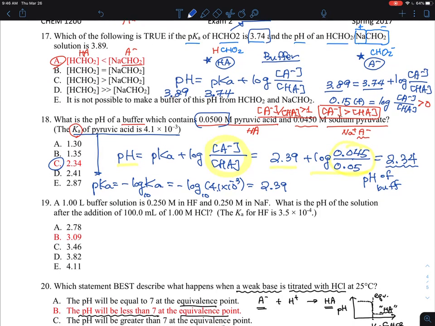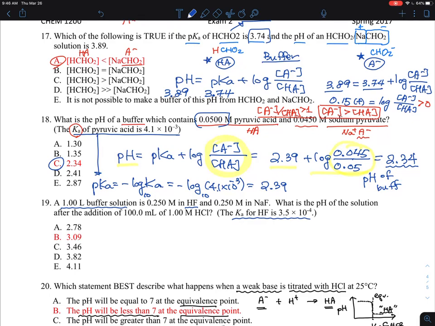Here goes one more time. Number 19. This is a 1 liter buffer solution, HF, and the HF Ka value is here. The Ka value is 10 to the minus 4. So it's small enough that we call HF a weak acid. But it's not really weak. It's kind of a weird weak acid.